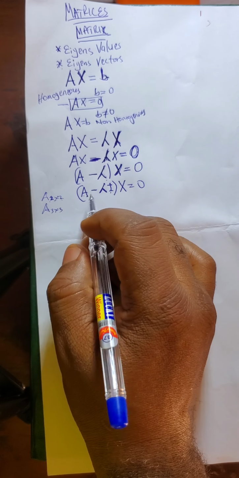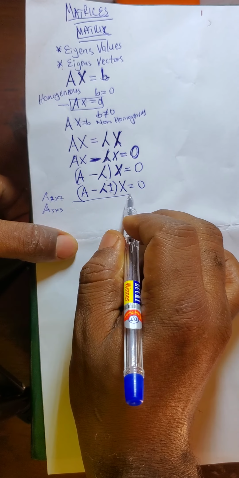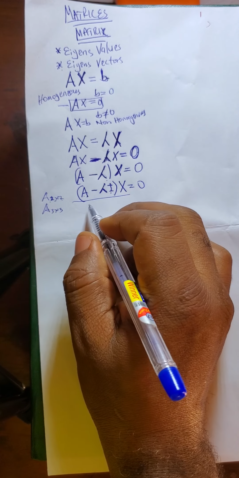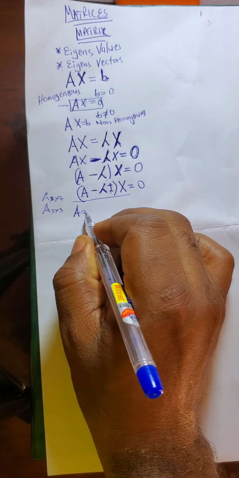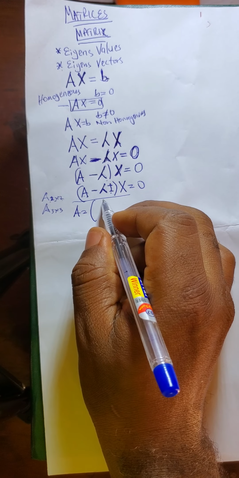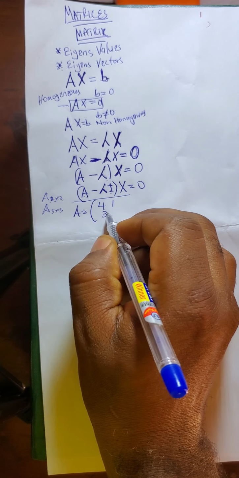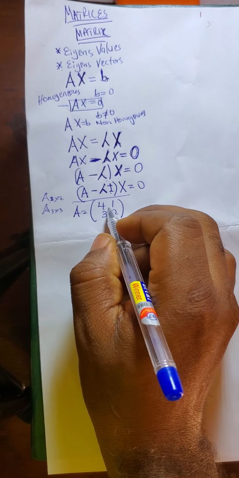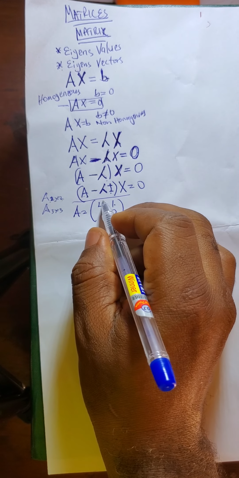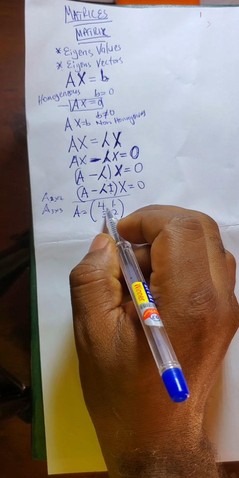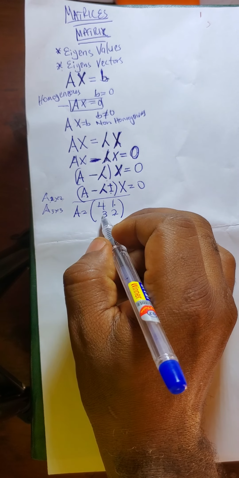Now, let's work out a problem here. The question says, we are given matrix A to be 4 1, then 3 2. We are talking about first column 4 3, second column 1 2, first row 4 1, second row 3 2.